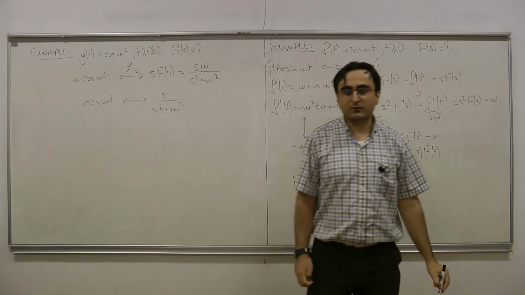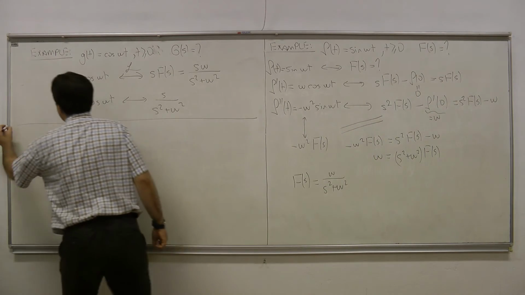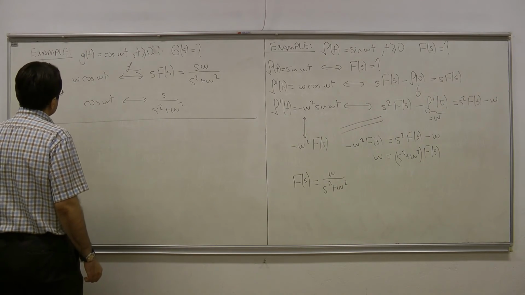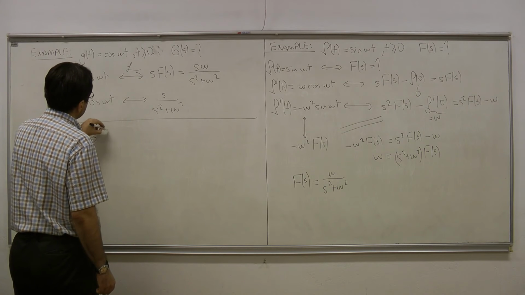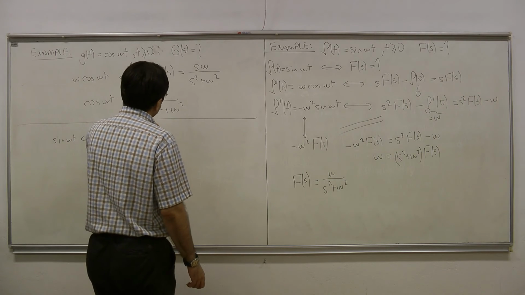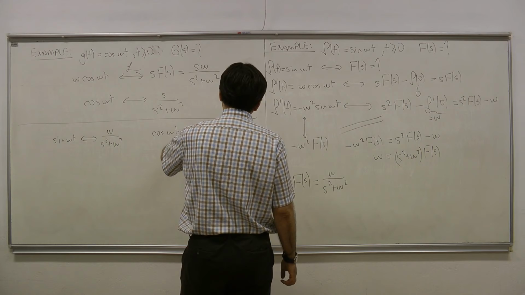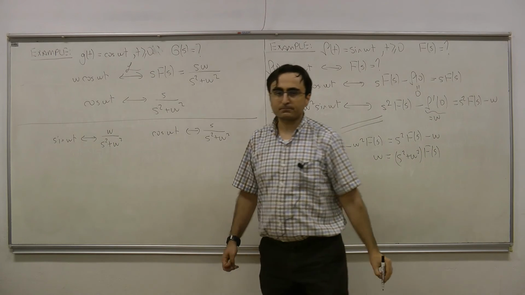This is the Laplace transformation of cosine. So now let us summarize. So sine omega t has the Laplace transformation omega over s square plus omega square, and cosine omega t has the Laplace transformation s over s square plus omega square.